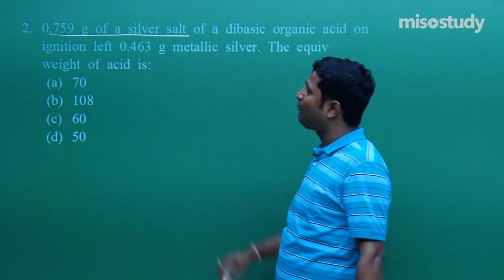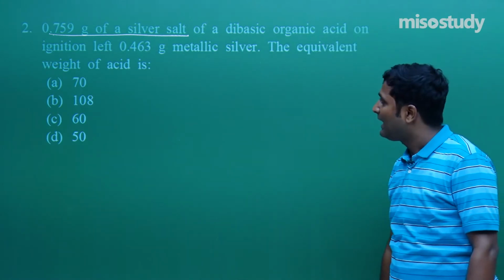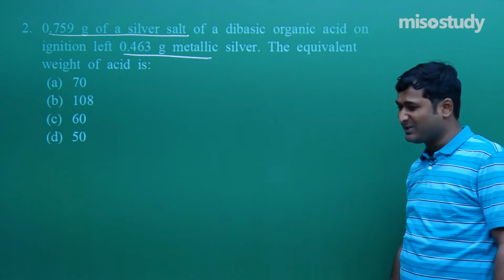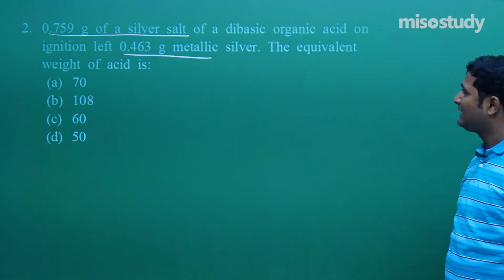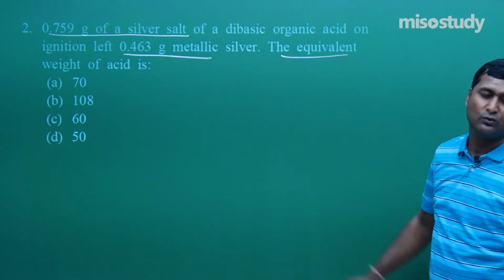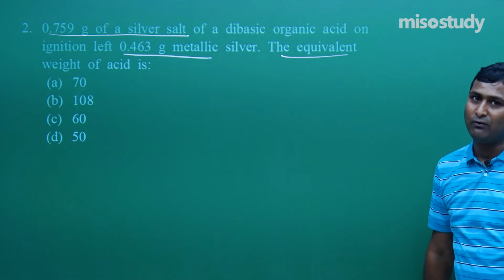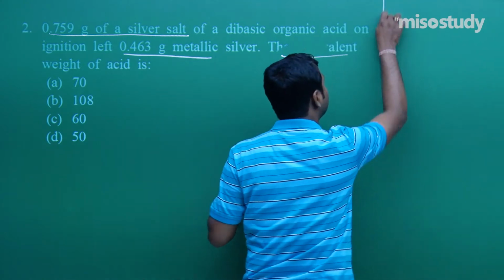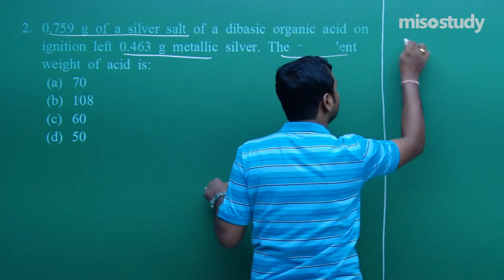Mass is 0.759 gram and the residue left is 0.463 gram, and we have to find the equivalent weight of the acid. Now how to find? Do you remember the formula? I'm giving you the explanation, check it out.